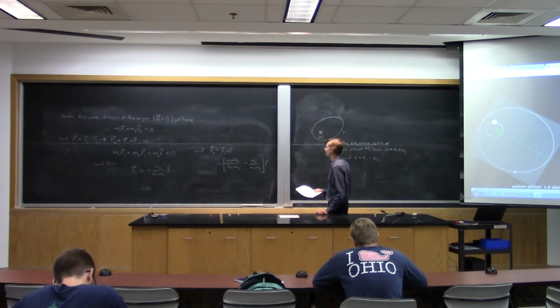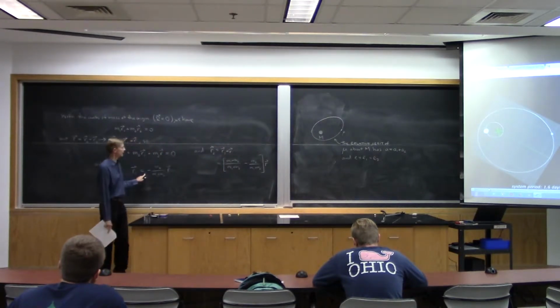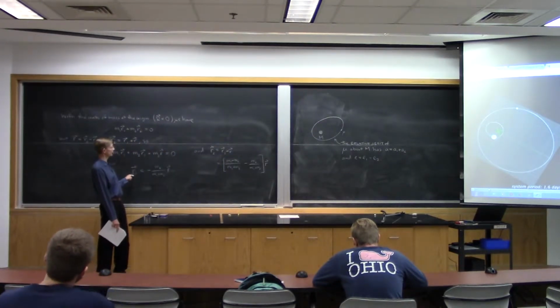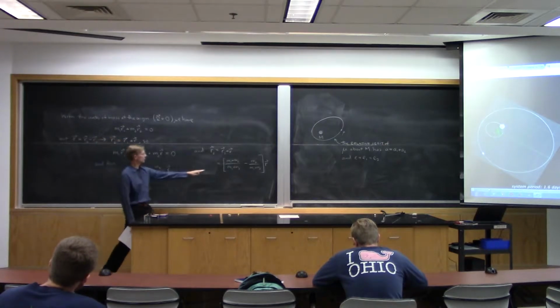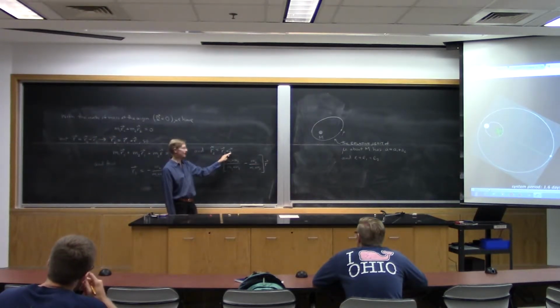Right. So in other words, here I just put in that R1 is minus M2 over M1 plus M2, and here I've just rewritten R as M1 plus M2 over M1 plus M2 times R, so that I can have them over a common denominator.